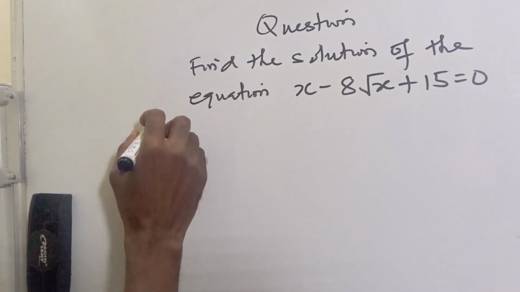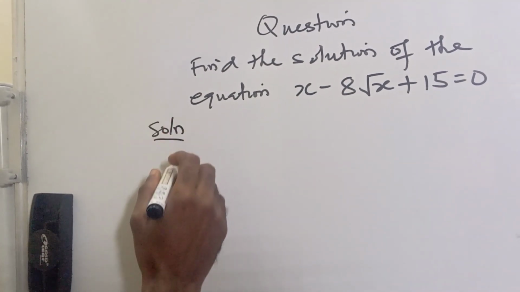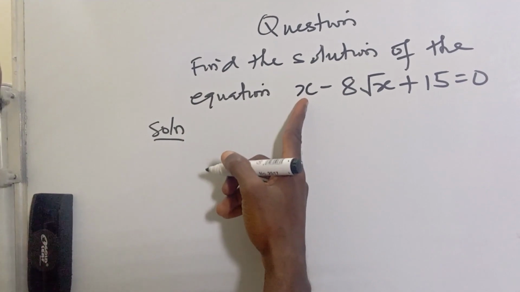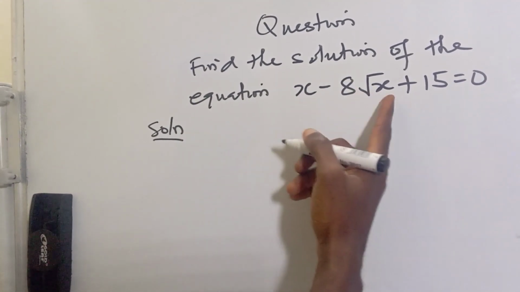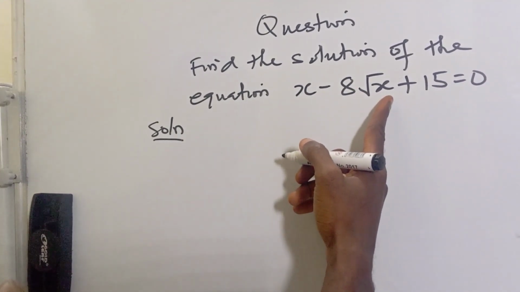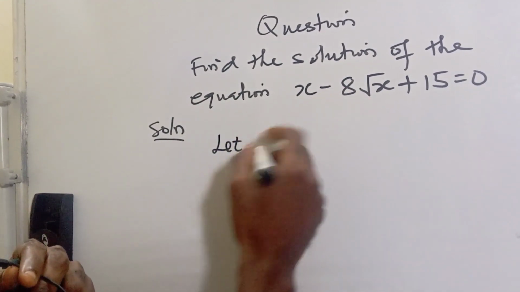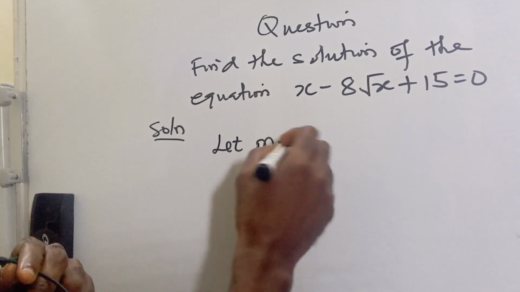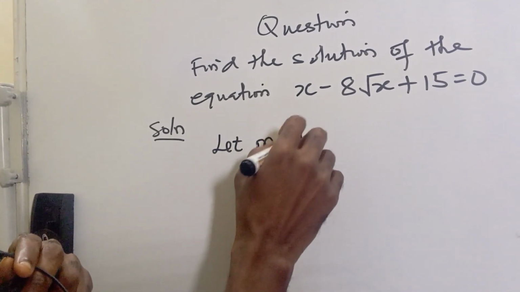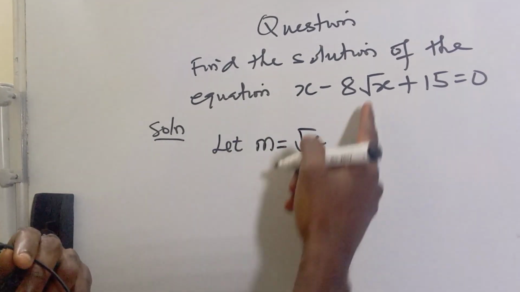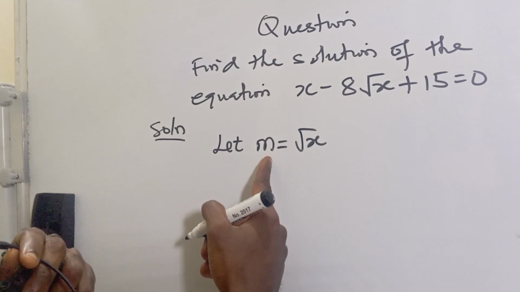So what we are going to do as solution. Now if you look, we have x and we have root x. So I want to use some other alphabet. Let m be equal to root x. So instead of root x, we are going to use m.